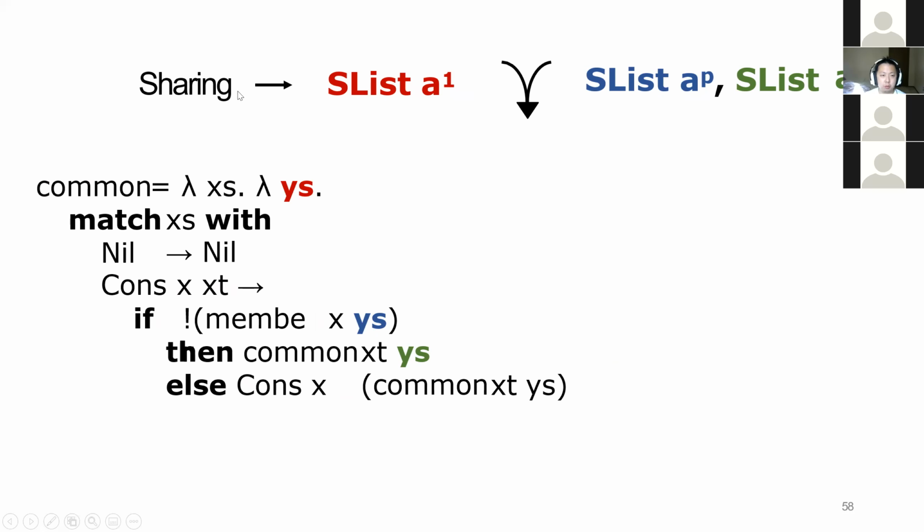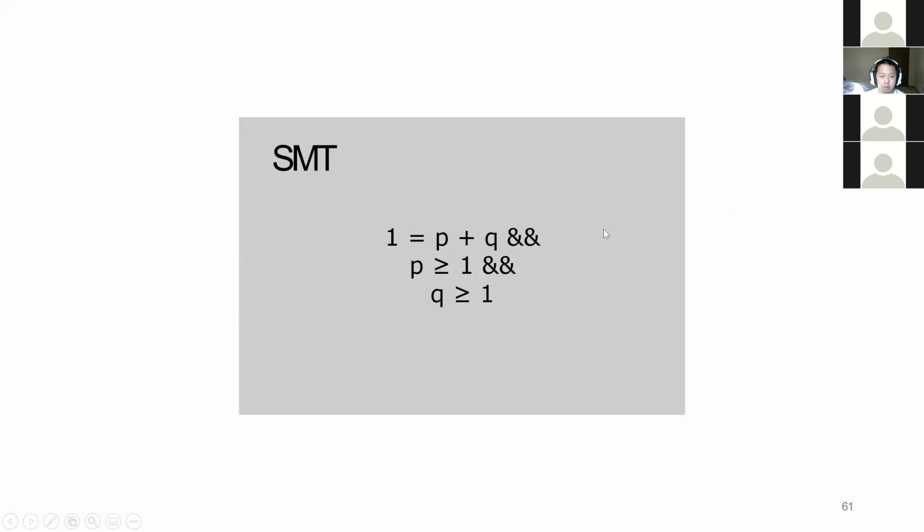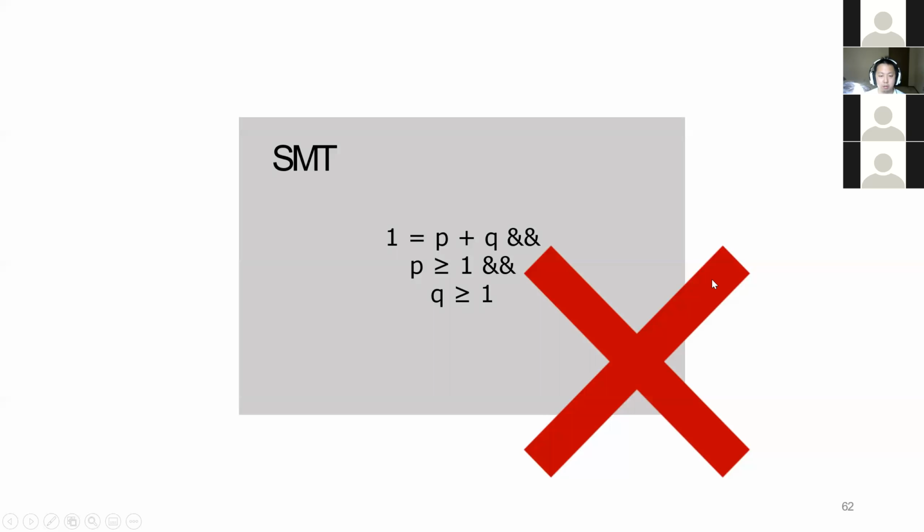If we want to share the input potential, the potential of ys here, we need to find a way to share the 1 here, which means 1 equals P plus Q. And we also have the constraints that P is at least 1 and Q is at least 1. When we check this constraint in the SMT solver, we will know that it's invalid. There is no solution.